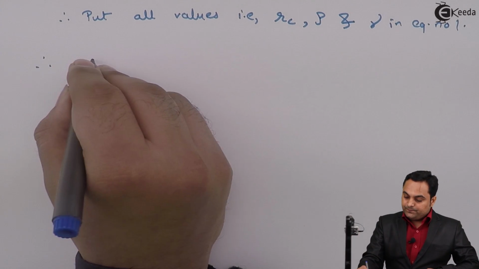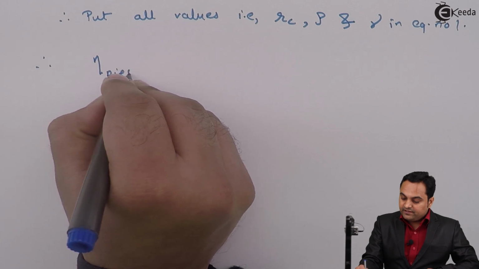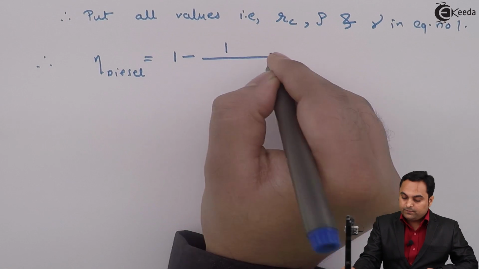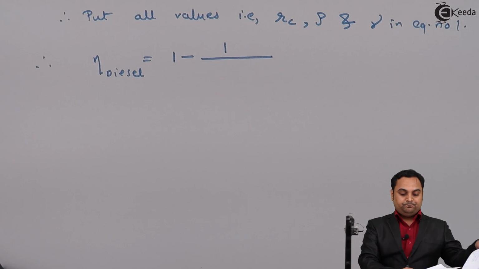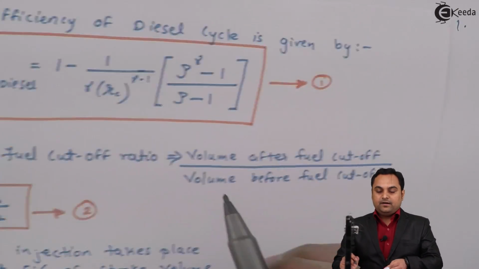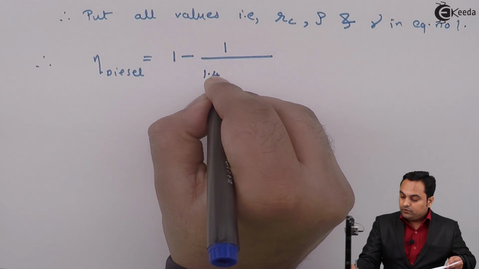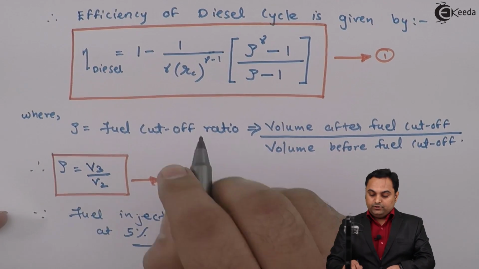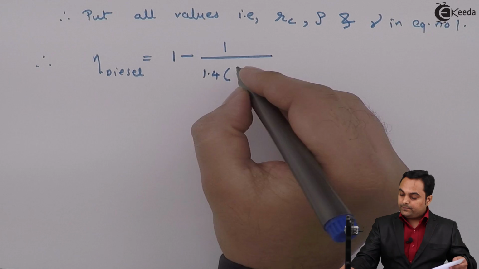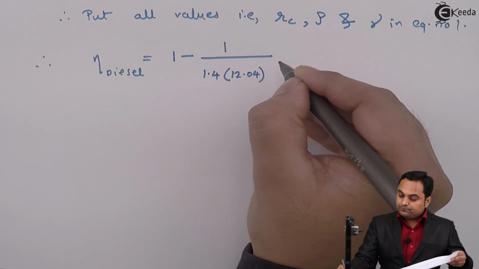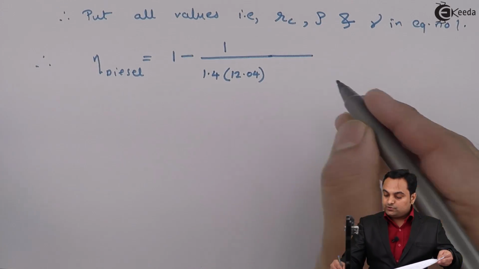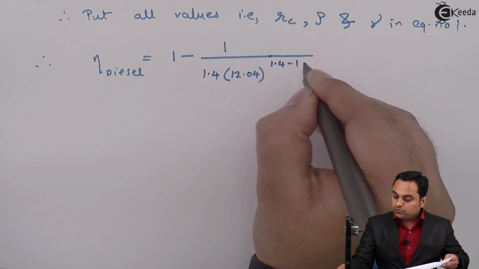So therefore efficiency of diesel cycle will be equal to 1 minus 1 upon, it was gamma, and gamma for air can be taken as 1.4 into RC, the value we know, it is 12.04 raised to gamma minus 1, which is 1.4 minus 1.